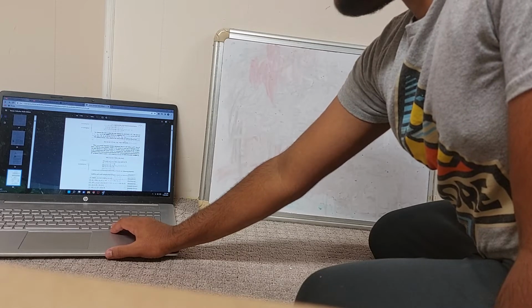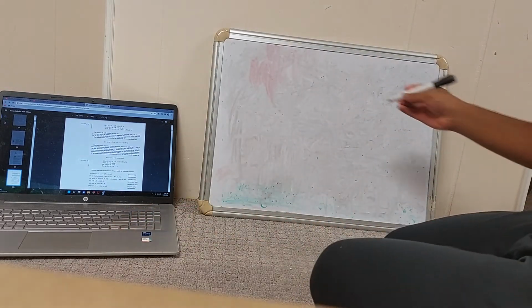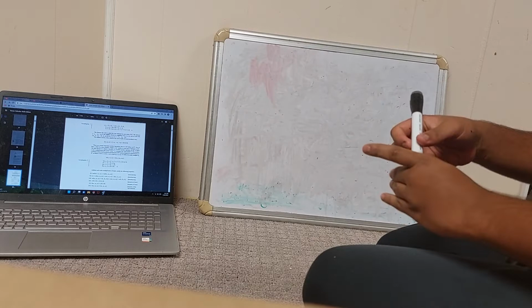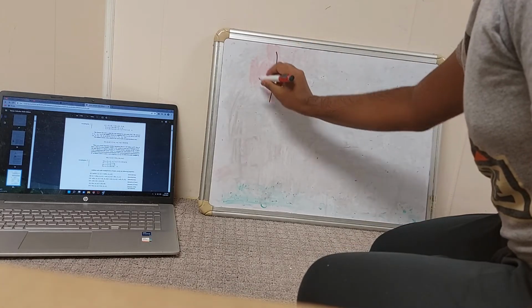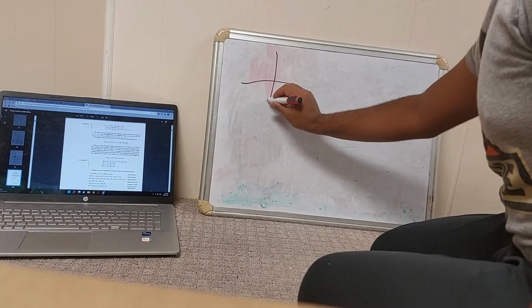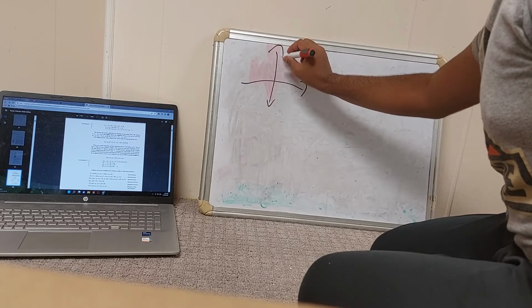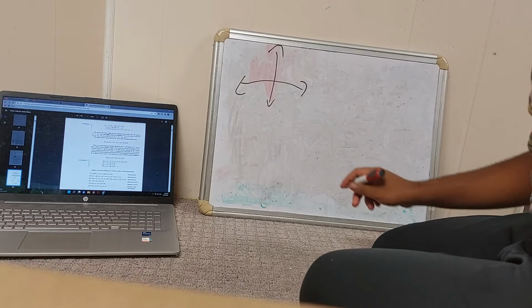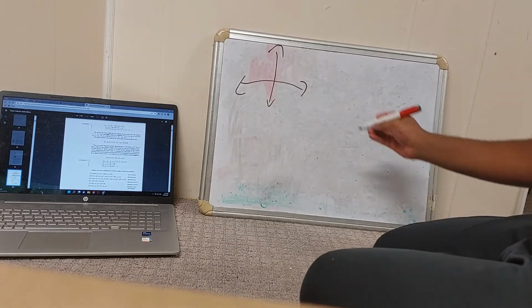Vector addition and multiplication. Probably should explain what a vector is. A vector in basic terms, which sometimes are the best terms, is just like an arrow.